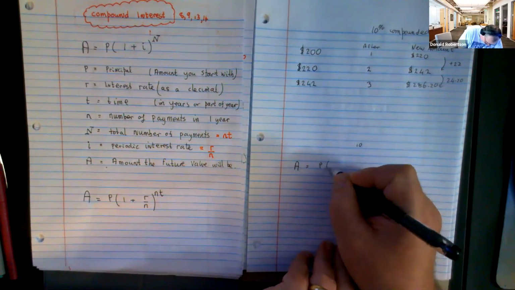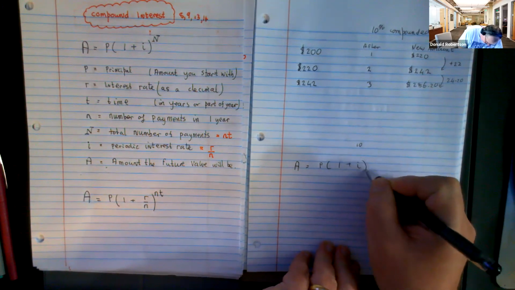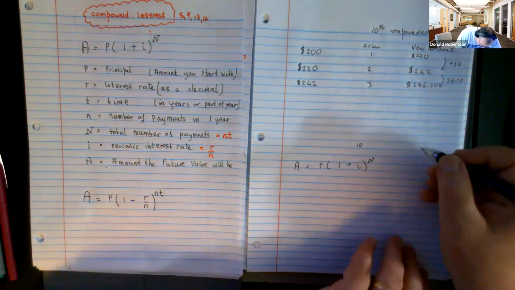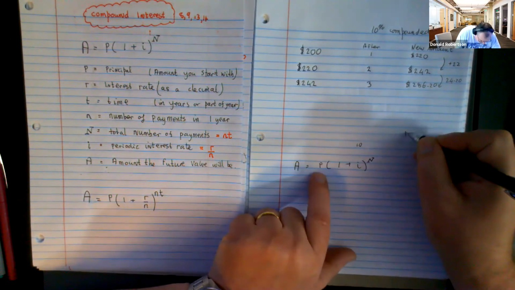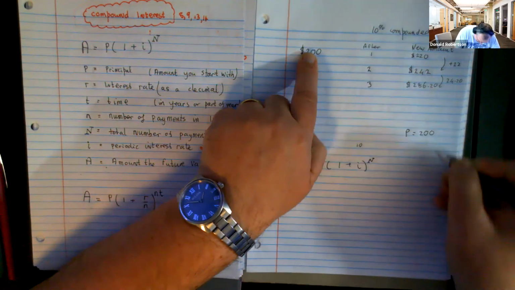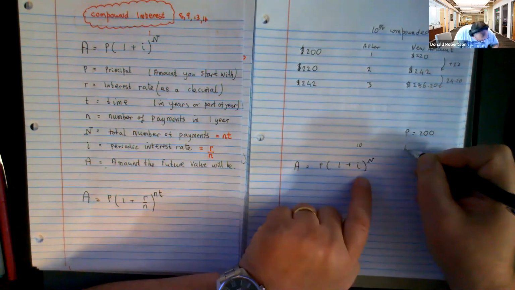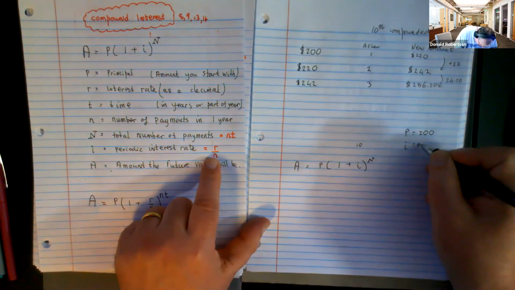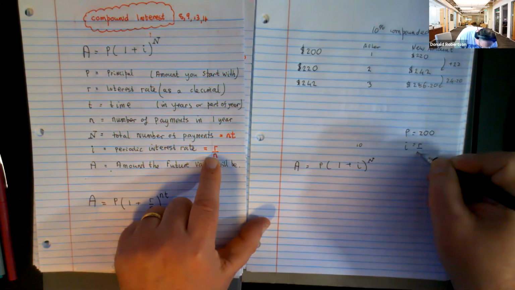So it's P times (1 plus I) to the capital N. I guess I'll have to write over here what P is. P is the money you start with, so it's 200. I is called the periodic interest rate. You get that by taking R and dividing it by little n.